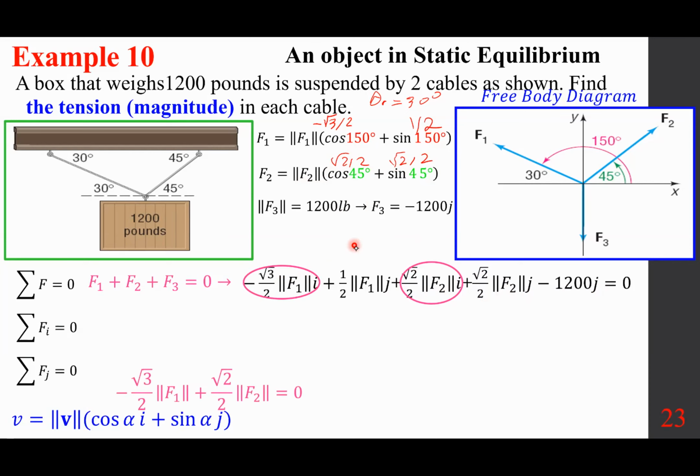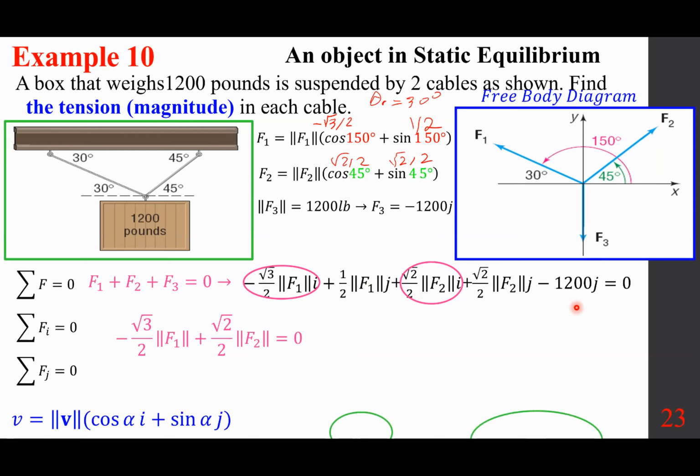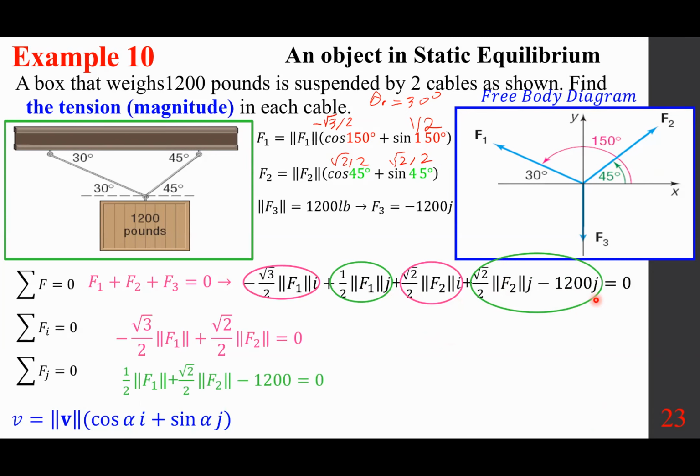And the j components, the rest of them, I'm going to put them in green, must add up to 0, which means half of the magnitude of f1 j plus square root of 2 over 2 the magnitude of f2, and minus 1200 j, they must add up to 0. And this is a system to solve. I'm going to show you on the next page how to solve it.